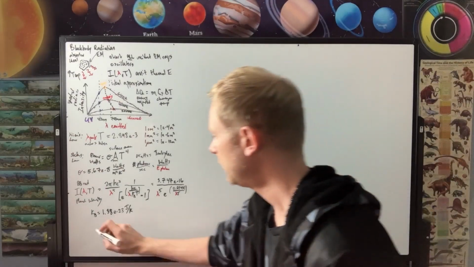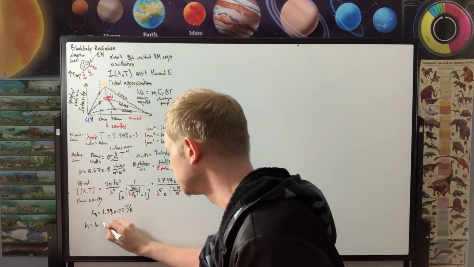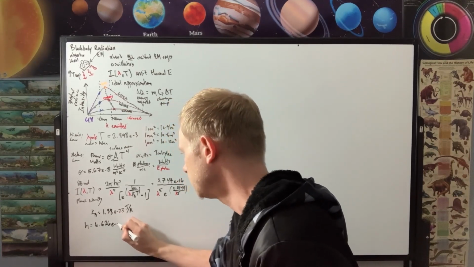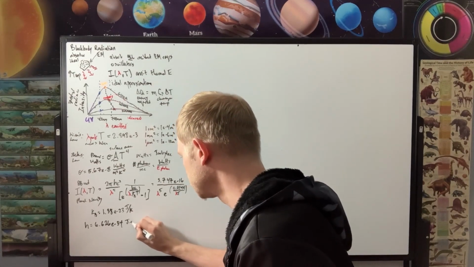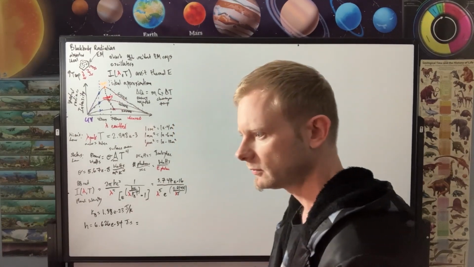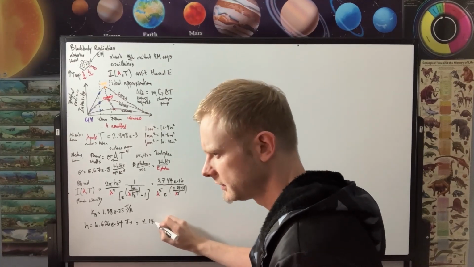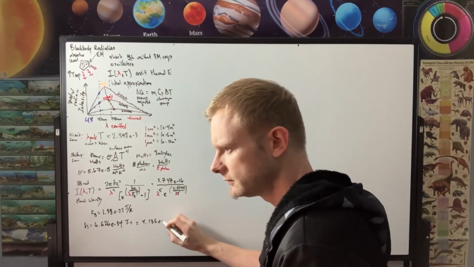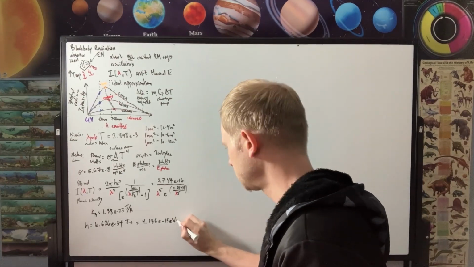And we also have h, which is going to be Planck's constant, and this is going to be 6.626 e to the negative 34 joules times seconds, and that's going to be equal to 4.136 e to the negative 15 electron volts times seconds.